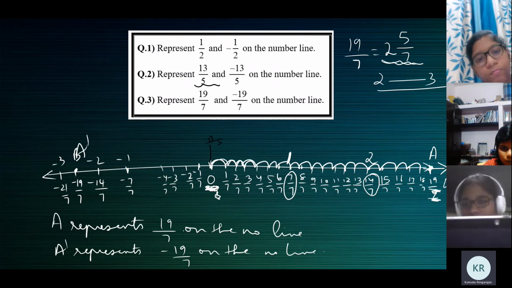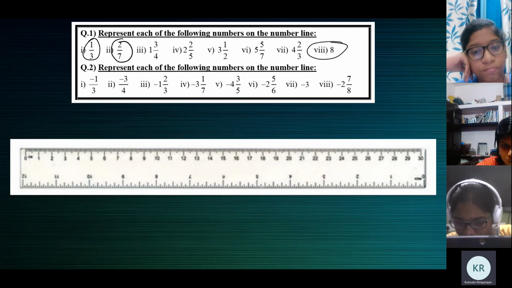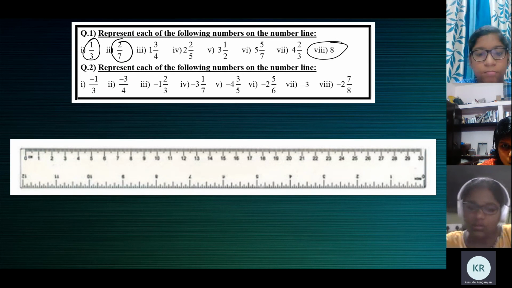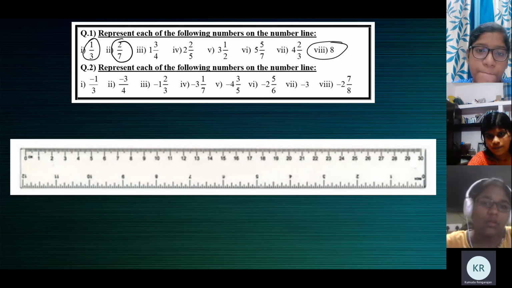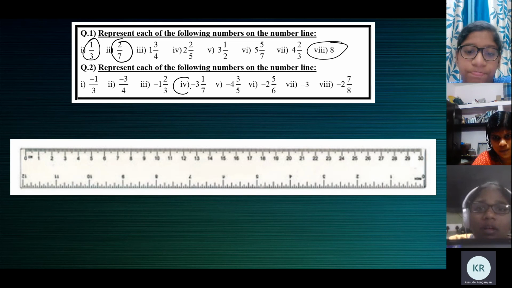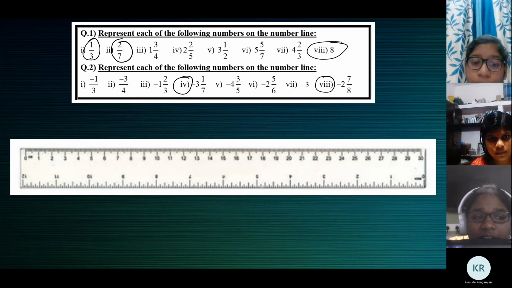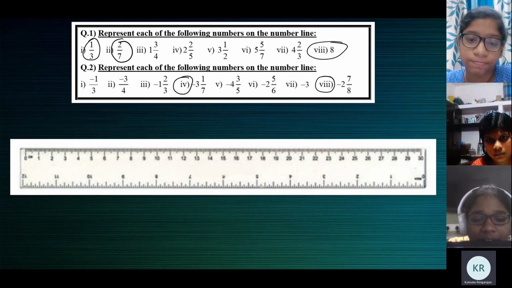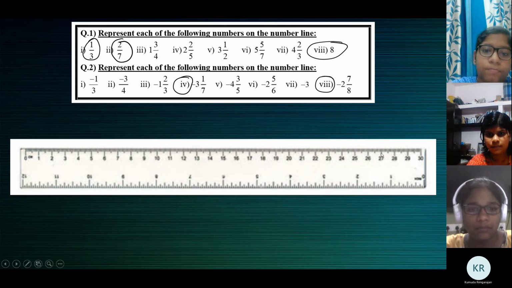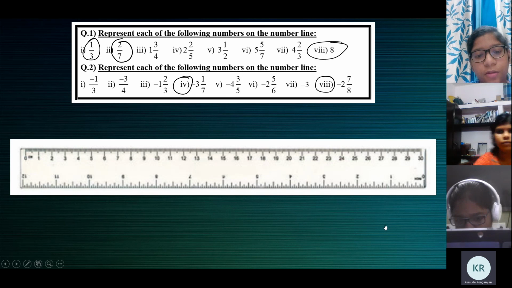Take a screenshot. Question number 1, 2, 3, and the 3 sums which I've circled. Only what I have circled. Okay, let me circle some negative numbers also. Here we have negative. Let me circle some negative numbers. Minus 3, 1 by 7. So yeah, these. Work only the circled questions here.